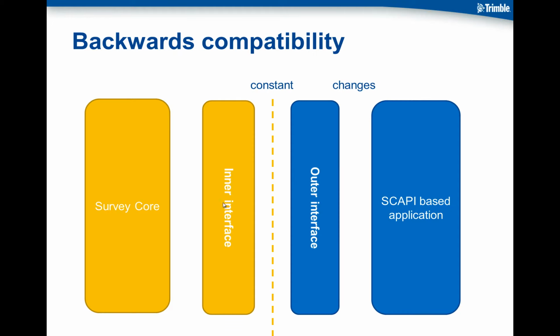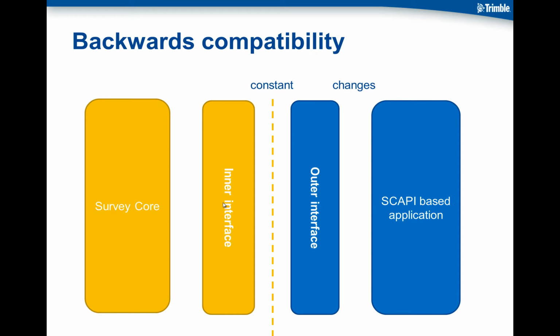The reason for that is that we have a second inner interface in place. This is the way we keep our backwards compatibility, and this is always constant. So the interface between the outer interface and the inner interface is constant, and actually pretty messy because of that. And the inner interface, of course, calls to survey core. So from an application developer point of view, it's only important to know that if you compile an application against version 2.50, it will always run on General Survey 2.50 and above, not below.